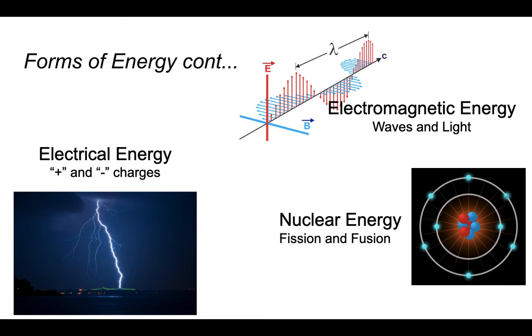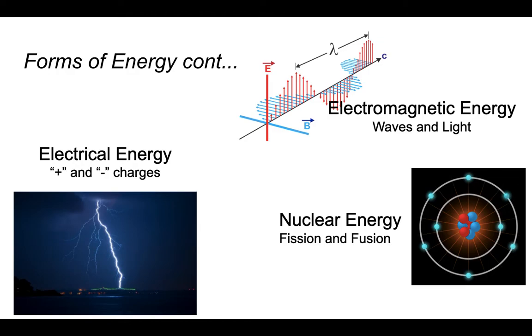Well, in order to watch this video, you're on some device that is using electrical charges to power your device. When you walk in a room and you turn on the light switch, again, we're using electrical energy to change into, well, our next form of energy, electromagnetic energy, waves and light. And here we talked about the electromagnetic spectrum just last unit.